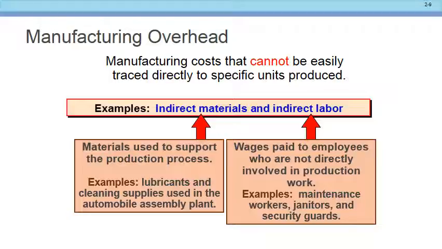Let me write it down, just because I should have pointed it out at the beginning here. Manufacturing costs include labor, materials, and overhead.